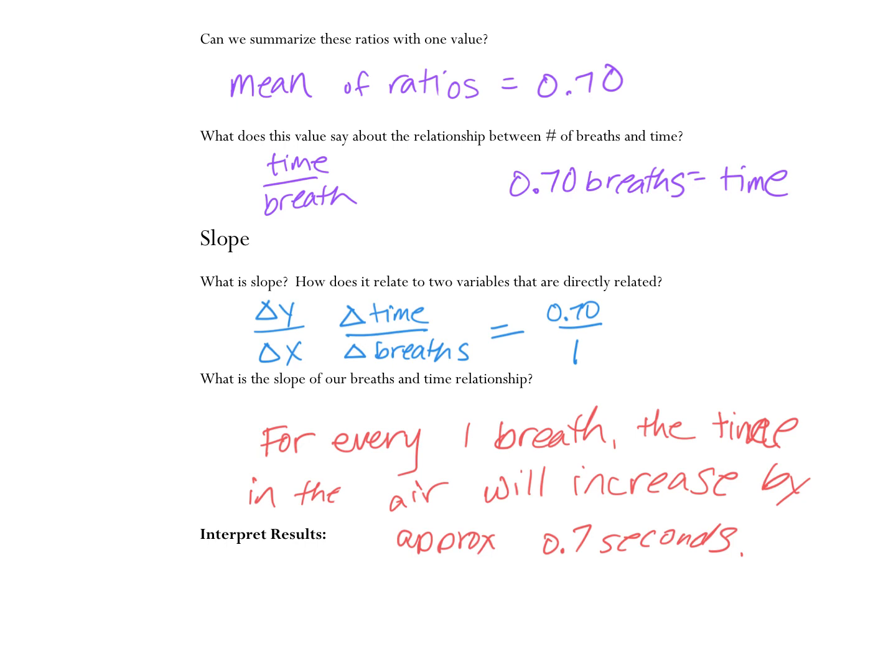So far, what do you guys think of direct relationships? Makes sense. Can you think of anything else that might be directly related? As in, goes up by about the same amount each time, and 0 implies 0. Yeah. Like height to weight on a person? Maybe height to weight.